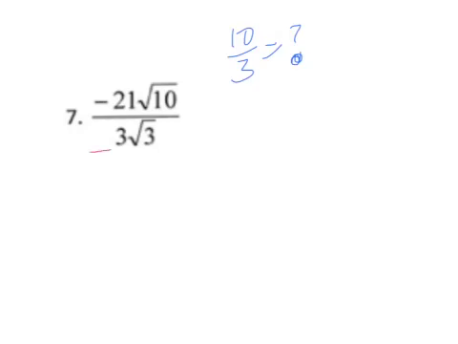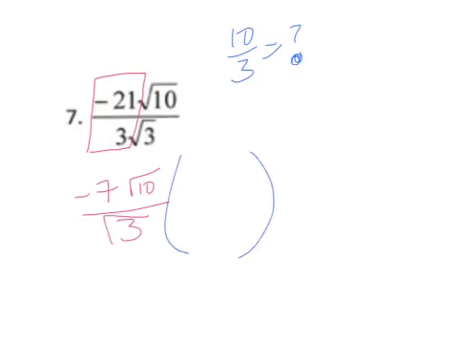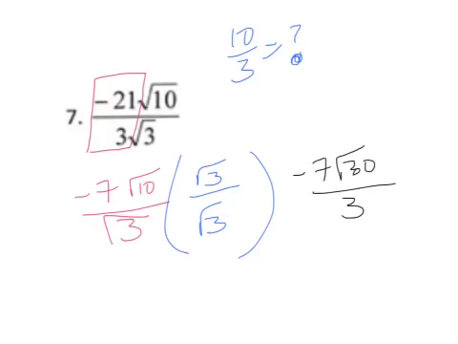Now, before we do that, we can certainly divide the coefficients. So this would give me negative 7 root 10 over root 3. Now, when I rationalize the denominator, and this is from previous lessons, you're going to multiply the top and the bottom by root 3. And this answer is going to be negative 7 rad 30 over a plain 3.